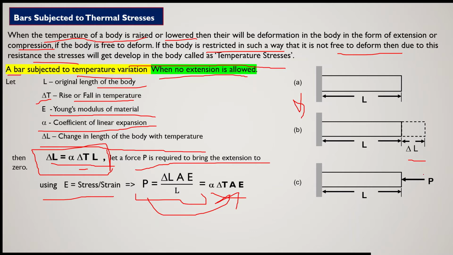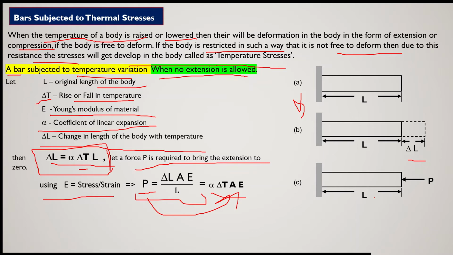Now if you replace this force P by a fixed end, that means this member is fixed from both ends, and if that fixed end support is able to apply a force equal to P, which can make the extension 0, then even after the rise of temperature there will be no extension in the member.